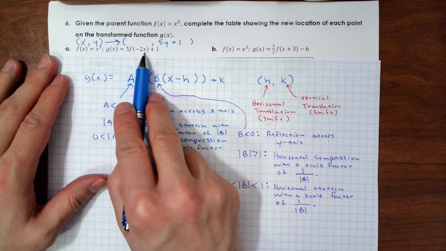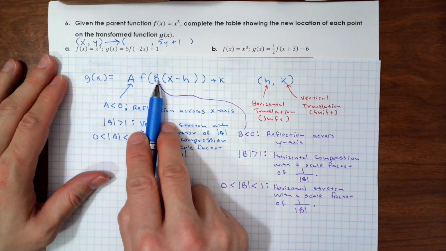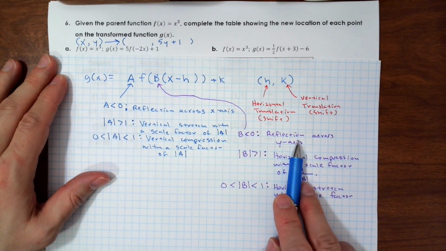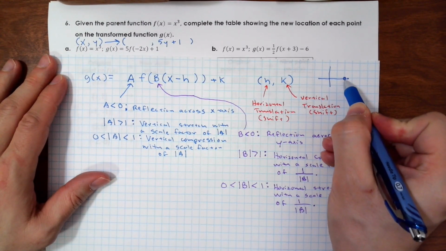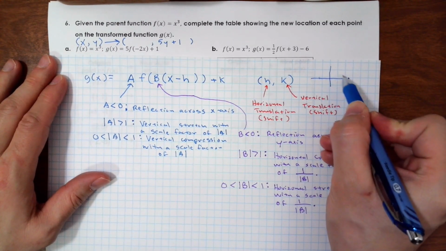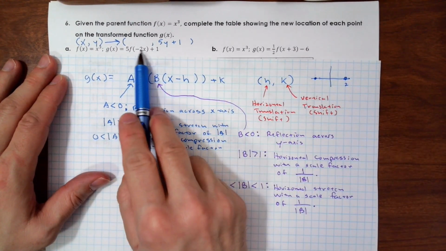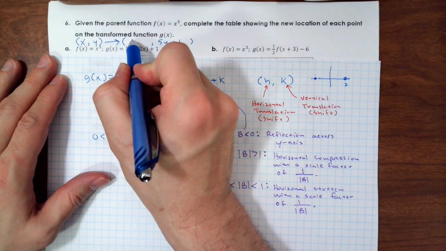Now, what happened to this poor x? Well, what does this minus sign represent? That represents a reflection across the y-axis. And think about it. If you were over here, if you reflected across the y-axis, you end up with the opposite x value. So we're going to get the opposite of the x value.